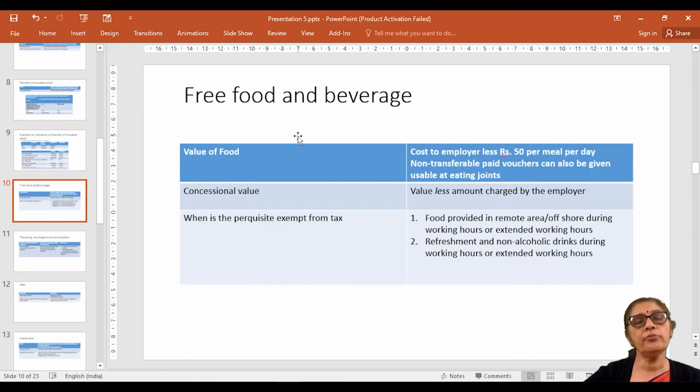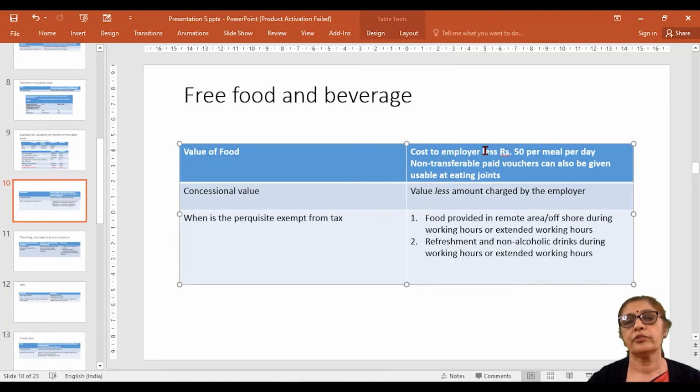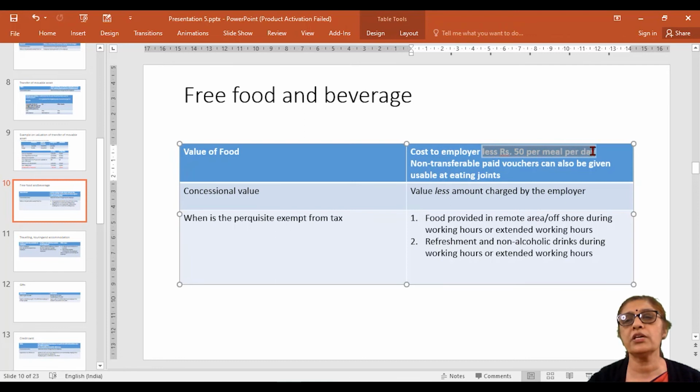Then we have food and beverages. Cost to employer is the value of food or beverages. Employer spends 5,000 on you, 5,000 is the value. But this is exempt up to 50 rupees per meal per day.